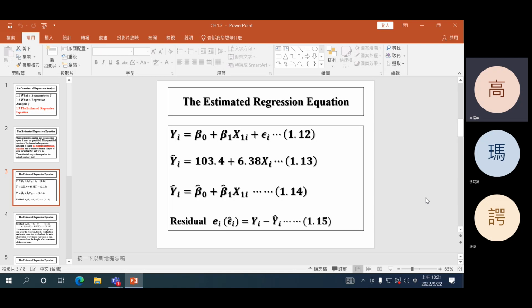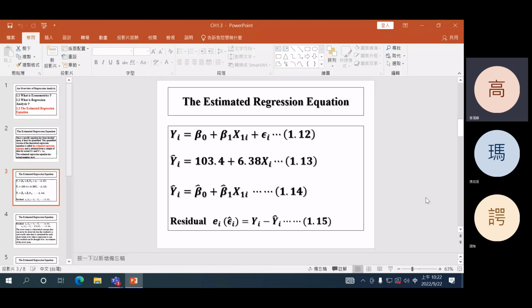So in other words, where is the y hat? It is on this one. This is the y hat. Since I put this x in, and this is the equation of 1.13, and I multiply 6.38 and plus the intercept or constant, then I will end up with the numbers, which is y hat.